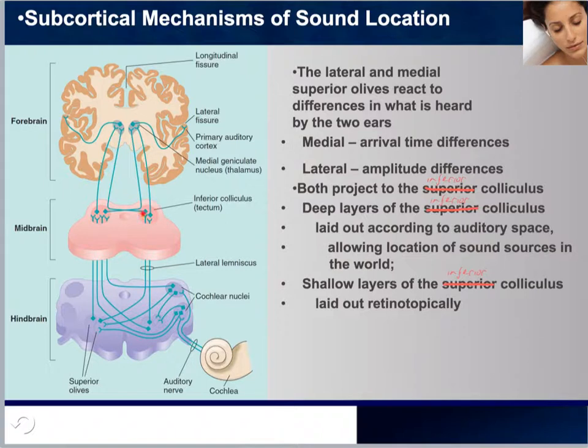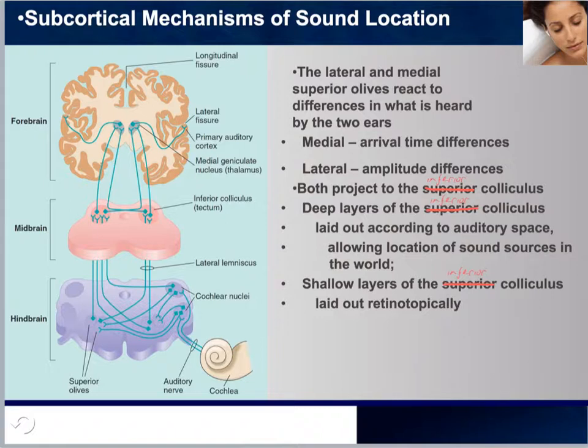The deep layers of the inferior colliculi are laid out according to the auditory space. That basically allows location of sound sources in the world. You may remember that the LGN has different layers that are responsive to movement or the details. Think of it this way.